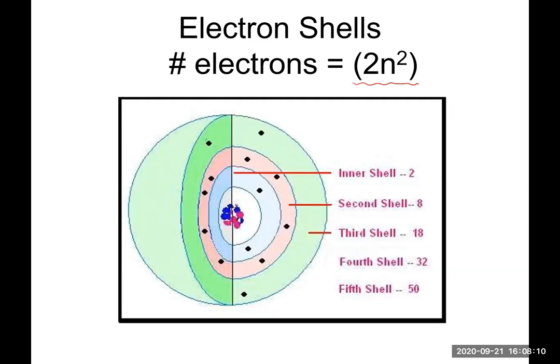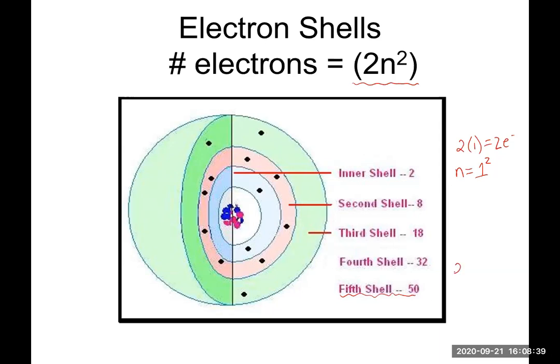So if we look at the inner shell, that is shell 1, that means n equals 1. That's what we're talking about. And we plug in 1 to that formula, then we have 1 squared, and so that is 1. So 2 times 1 equals 2, and that means that we have 2 electrons in shell 1. If we just go down here and look at the 5th shell, because that's one that we didn't look at on the previous slide, let's plug that in.